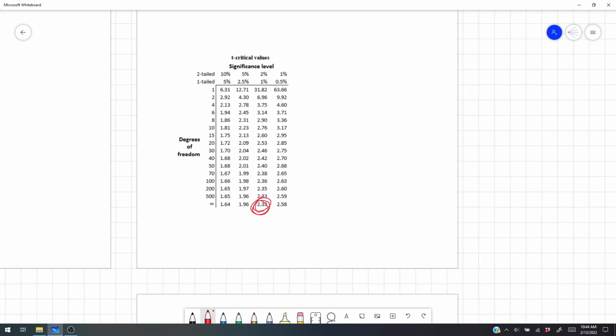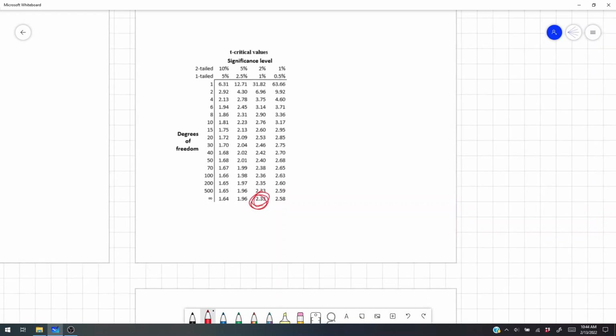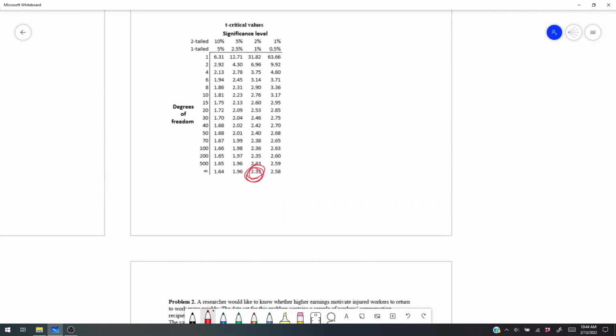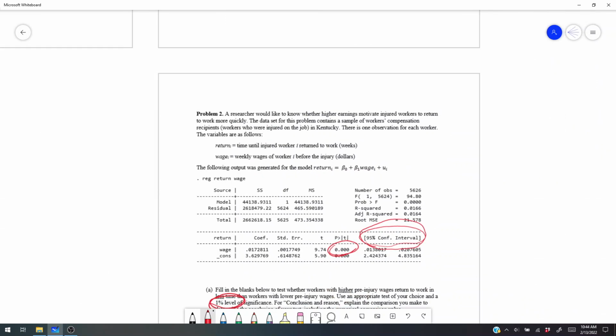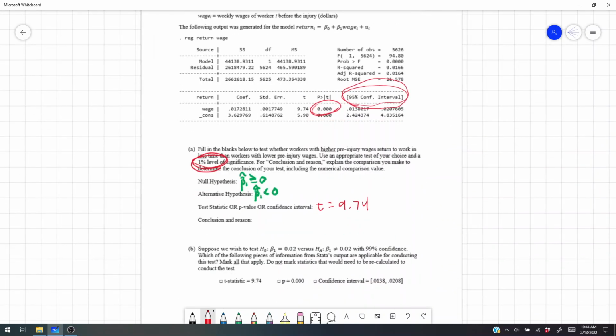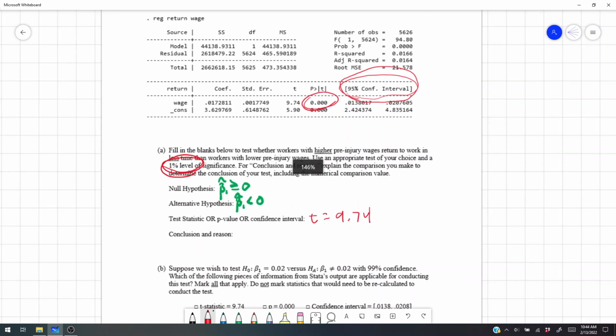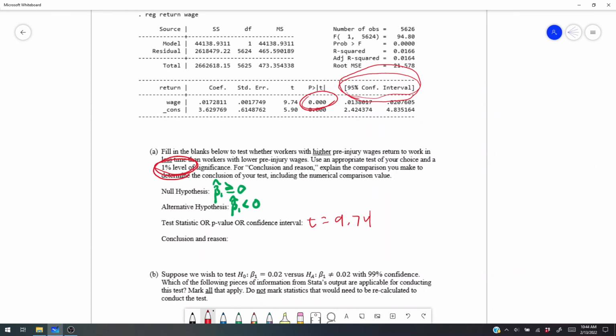One-tailed, 1%, 5,000. Okay, 2.33. Critical value for t is 2.33. T crit equals 2.33. T crit equal to... Re, re, reject. Good. There we go.